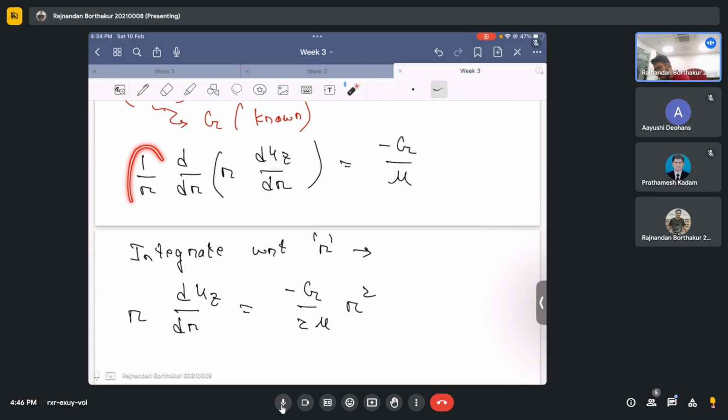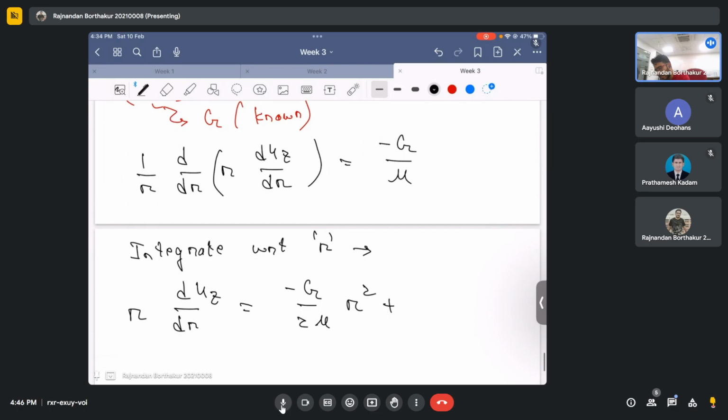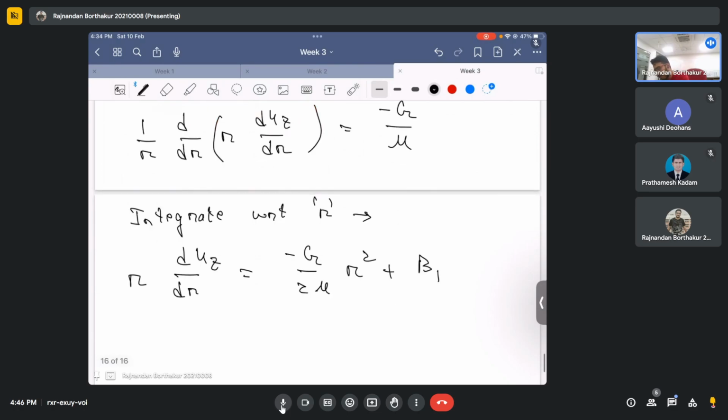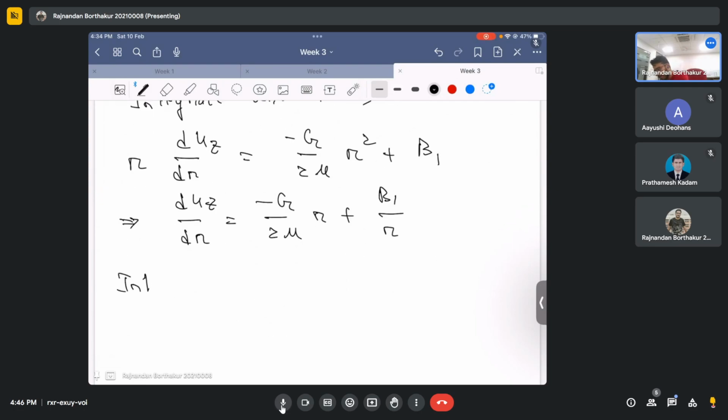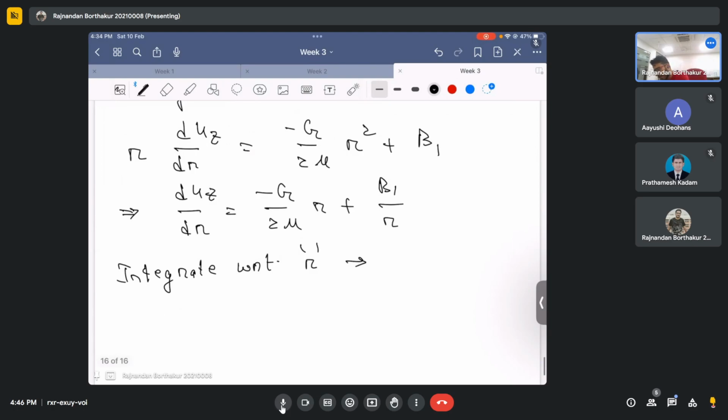The reason is that this r will basically move to the other side, and that's why this becomes r squared by 2, plus one constant. Let's name this constant b1, and then we divide the entire equation by r, which gives duz by dr equals minus g by 2 mu into r plus b1 by r. Now again we integrate with respect to r, and we get uz as a function of r.